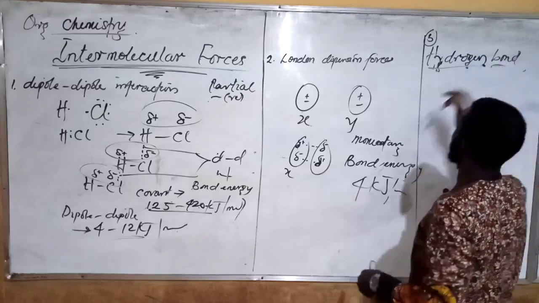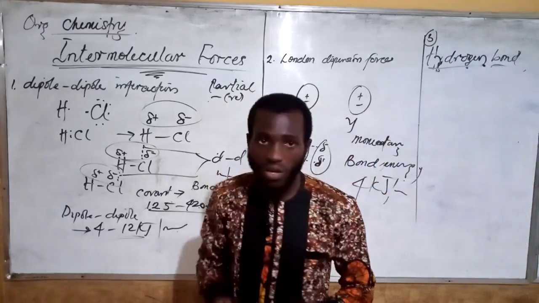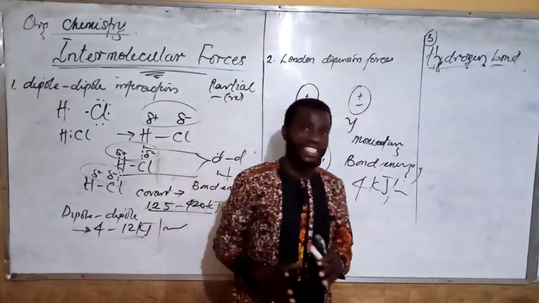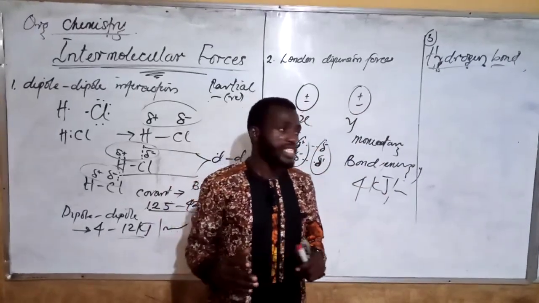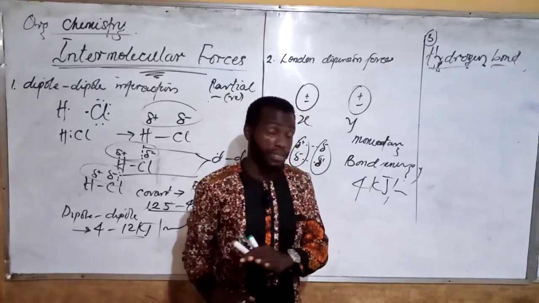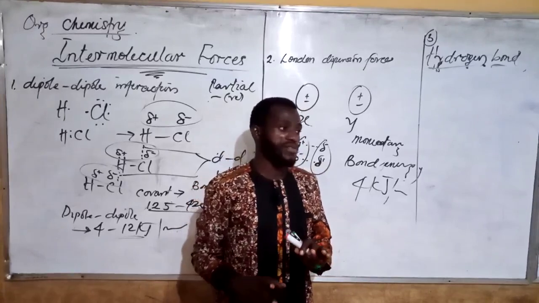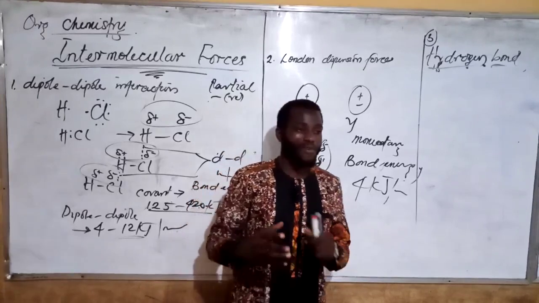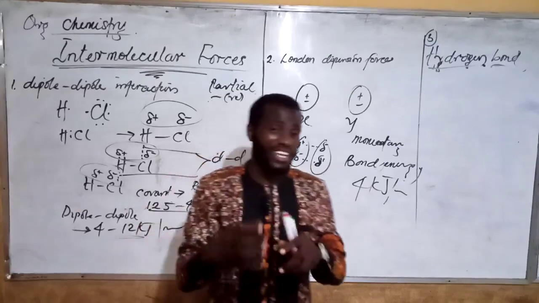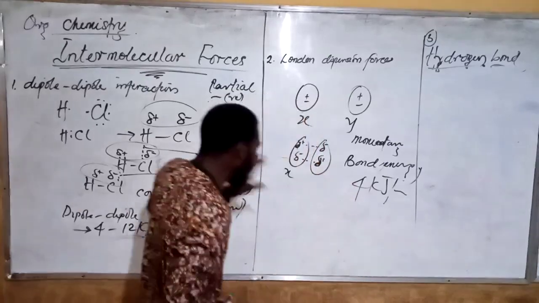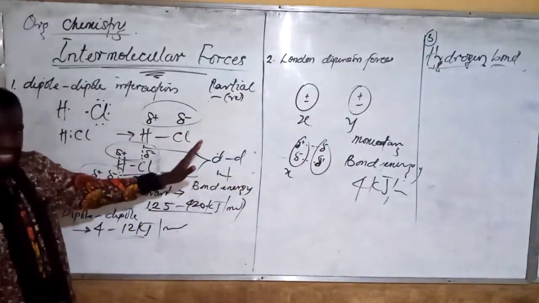Now, the hydrogen bond is not a bond between different molecules. It is not a bond that forms a polar, that gives rise to a formal charge. It is just in like manner as this.